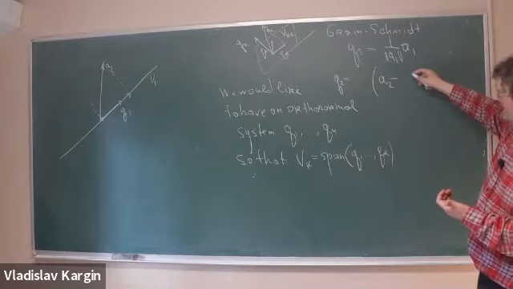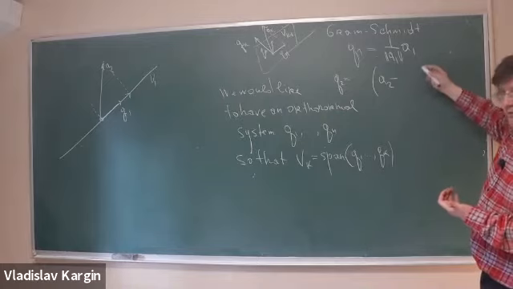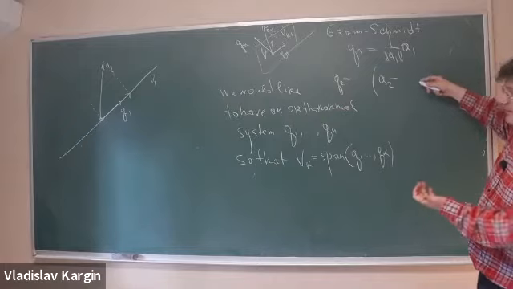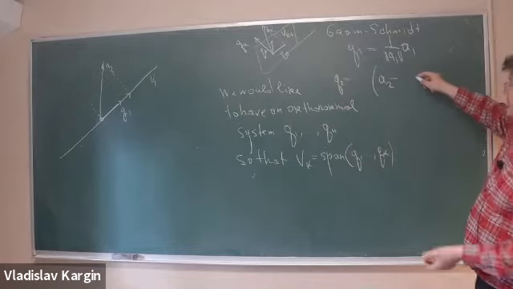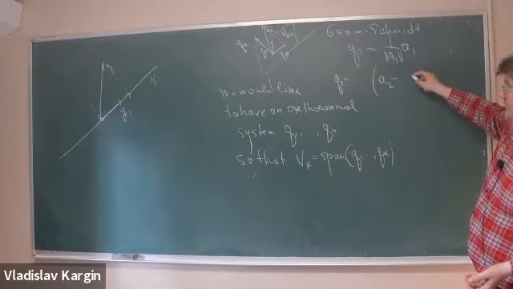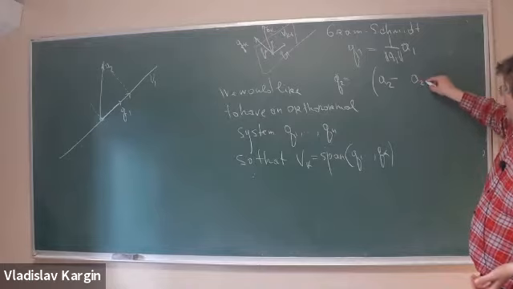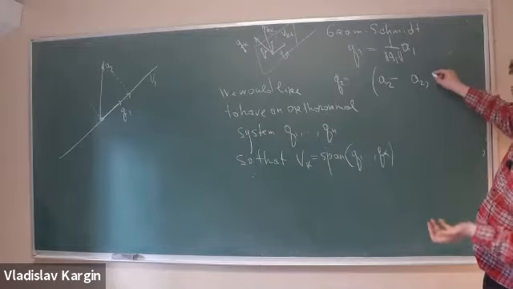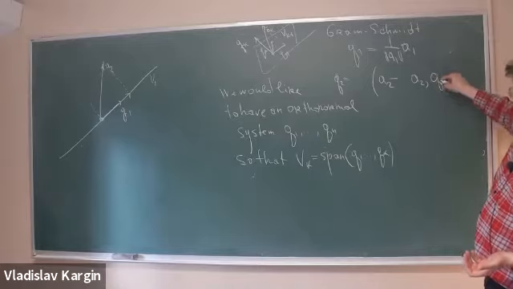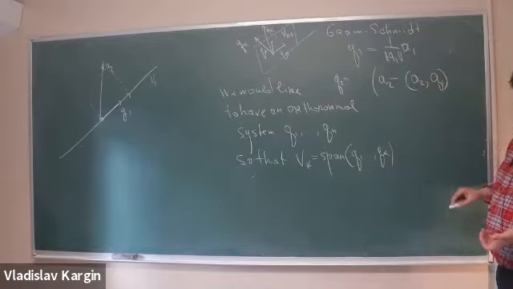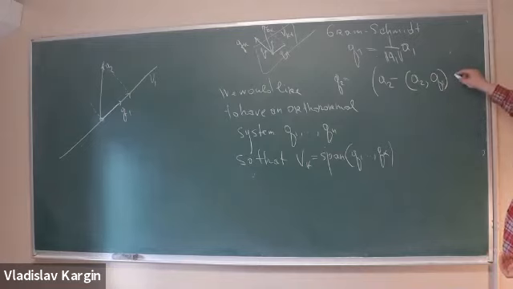You take a scalar product of a2 with the orthogonal basis vectors. In this case, this is an orthonormal basis, so it's the scalar product a2 with q1, multiplied by the vector q1.